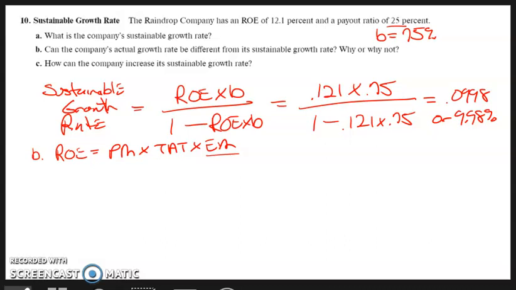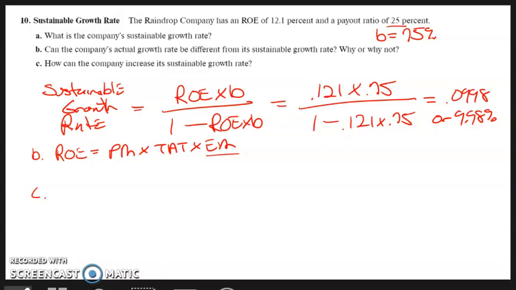And then C, how can the company increase the sustainable growth rate? One simple way is to reduce the dividend payout.